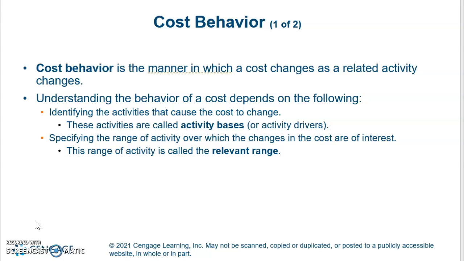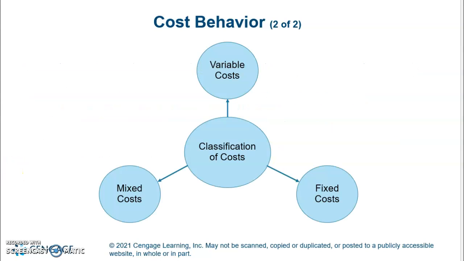Other costs are not affected by change in volume, so we're going to identify the activities that will cause the cost to change, and then we need to figure out the range of these activities, and this is called the relevant range. We're going to classify these costs as either variable cost, fixed cost, or mixed cost, which is a combination of variable and fixed.